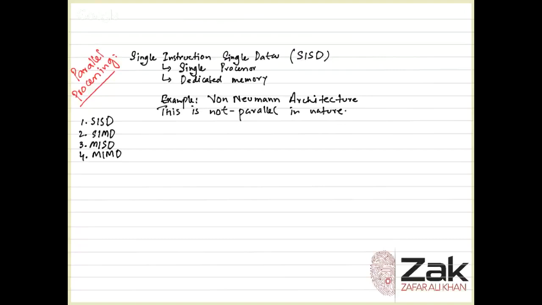And then single instruction, multiple data. One same instruction is being provided with different sets of data. How do we actually look into it? Let's see. Single instruction, multiple data means we are talking about multiple ALUs.